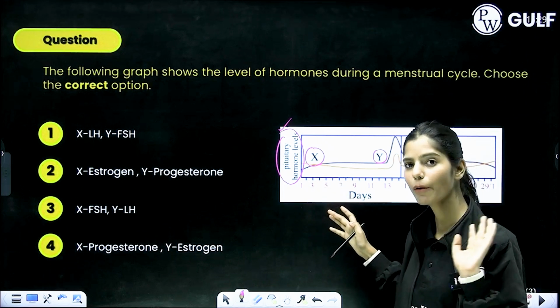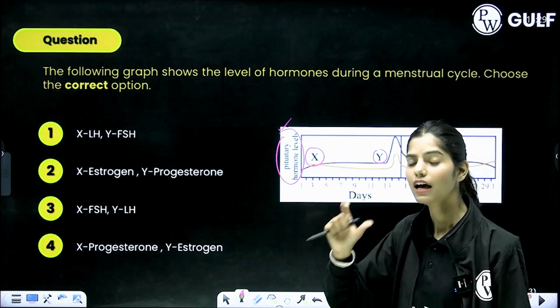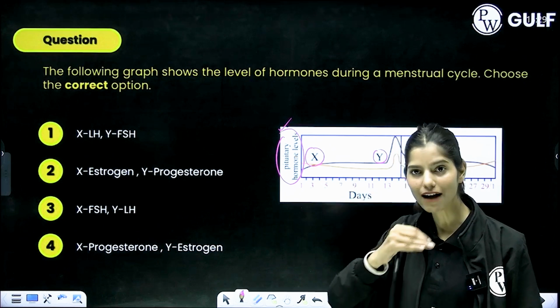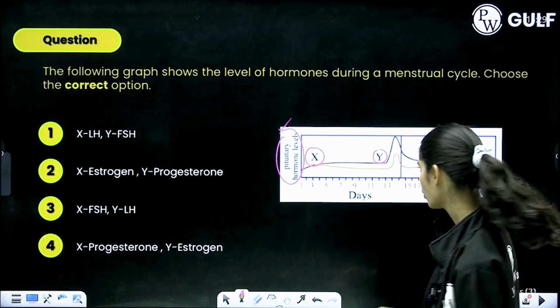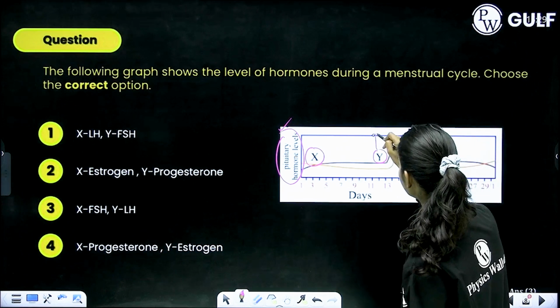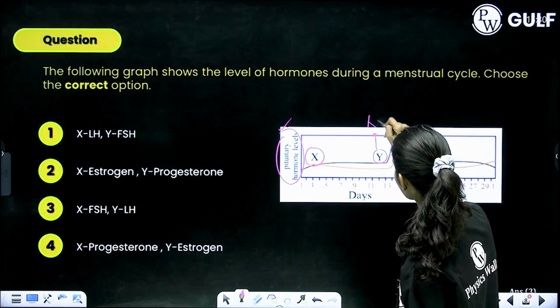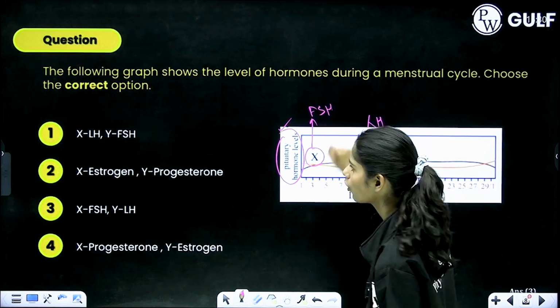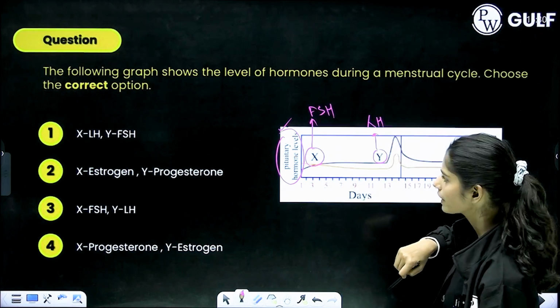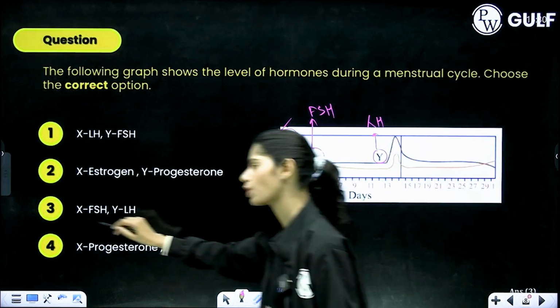But the most important point is that luteinizing hormone has a surge which is bigger than that of follicle stimulating hormone. So the Y part amplifies the luteinizing hormone, and the X part amplifies the follicle stimulating hormone. The correct answer here is the third option.